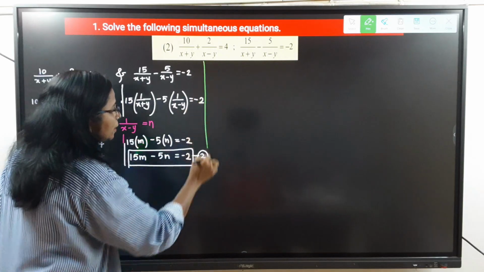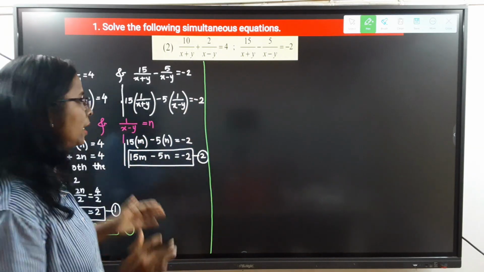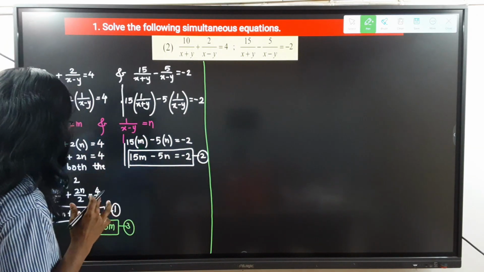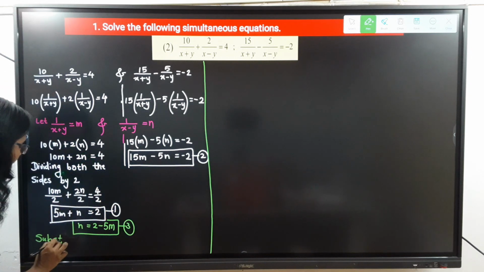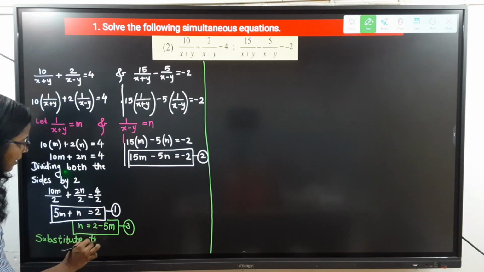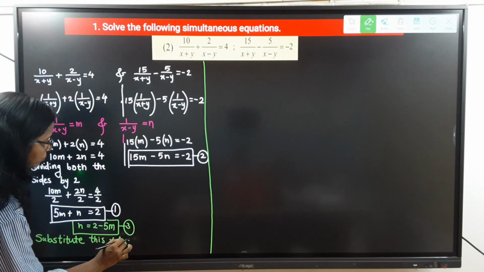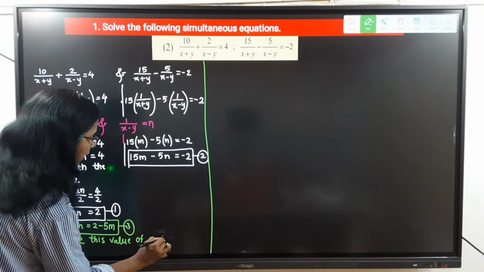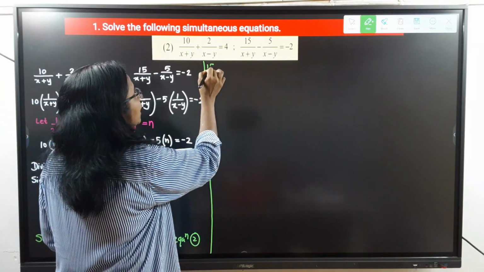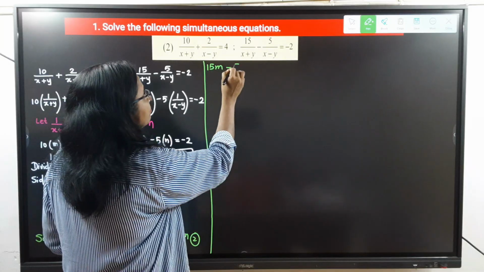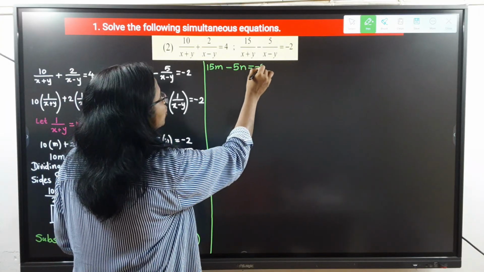So now, using the substitution method, I solve it. Substitute this value of n in equation 2. I write equation 2, 15m − 5n = −2.